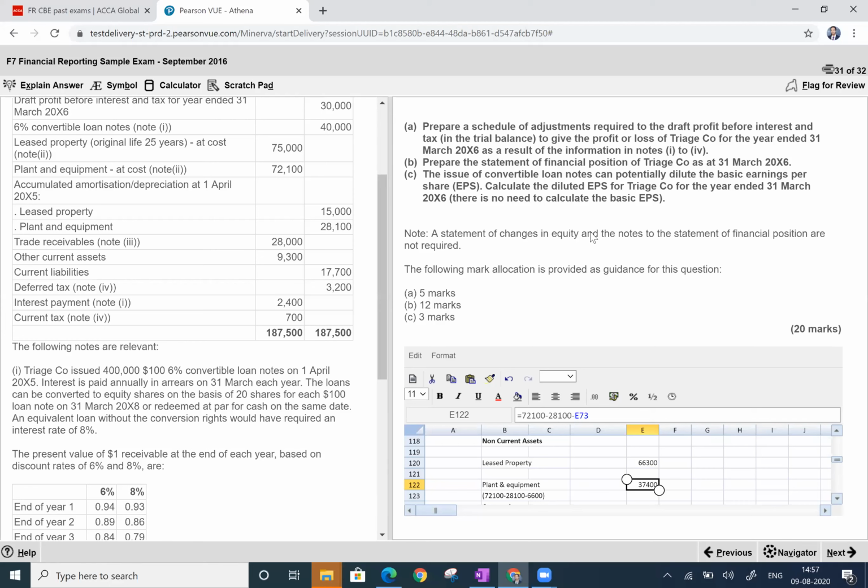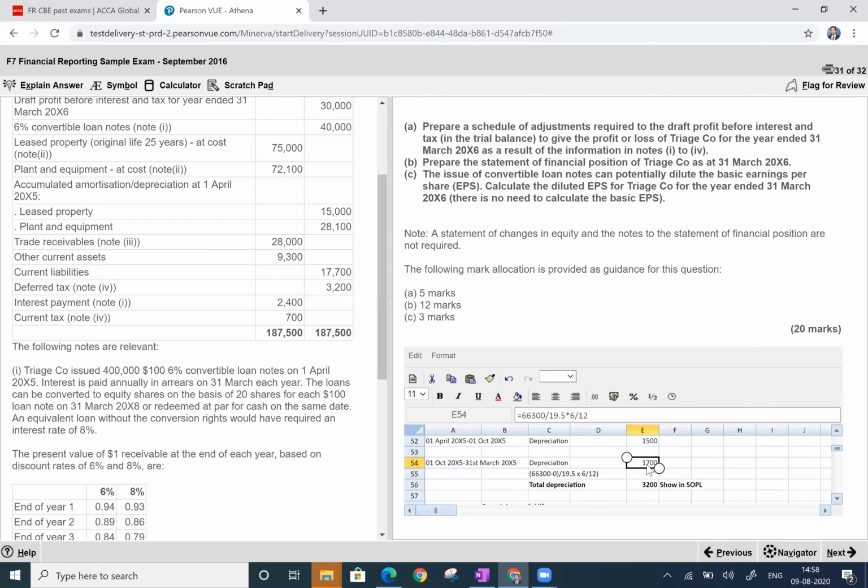Okay, next one. Lease property, everything we have taken. Now, lease property, the 66,300 is on 1st October. From this, you have to subtract the depreciation for 6 months. How much is the depreciation for 6 months? 1,700.